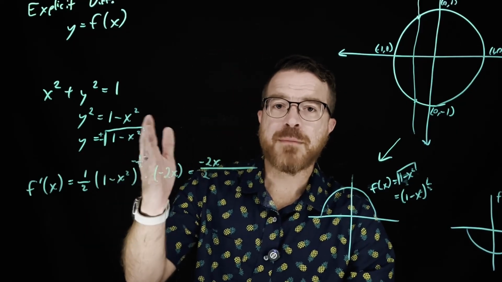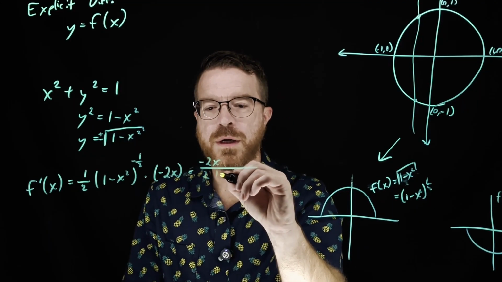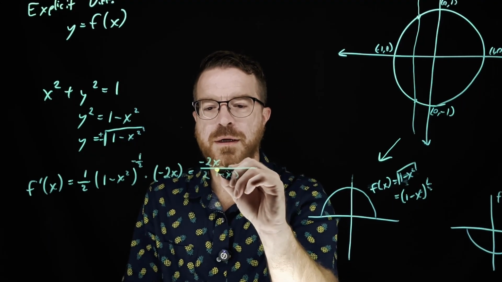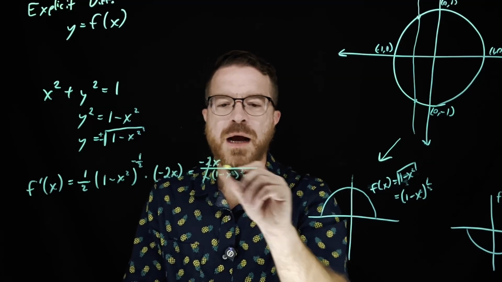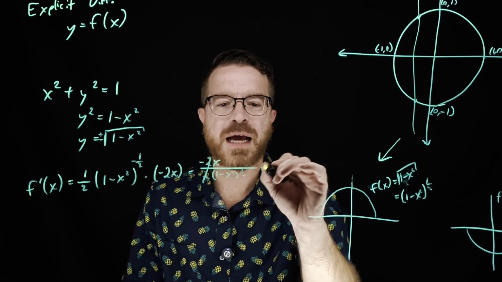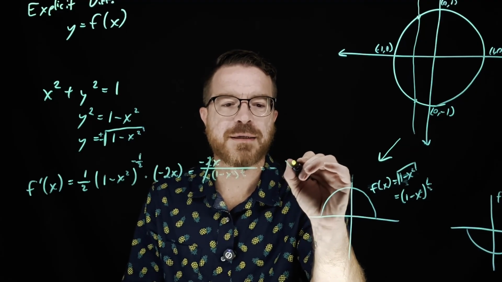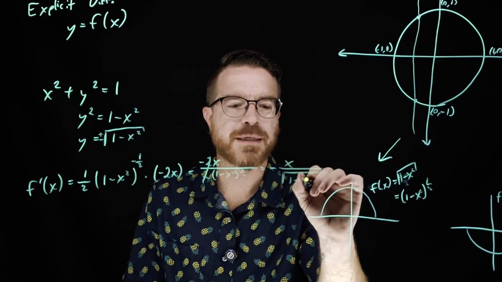The negative power makes this into the denominator. So this is going to be 1 minus x squared to the 1/2 power, and then the 2's are going to cancel. I'm going to put this back in terms of square root, just so that it's back to our original form. And I will have that this is equal to minus x divided by the square root of 1 minus x squared.